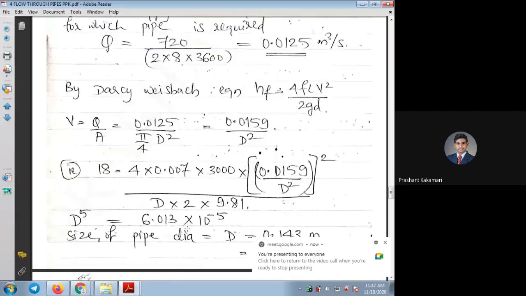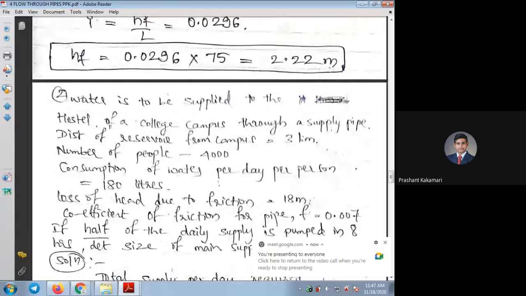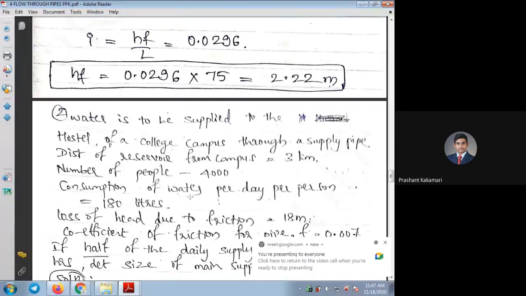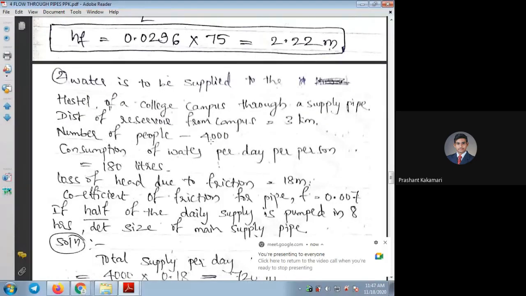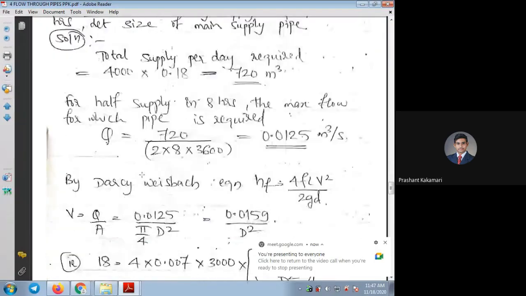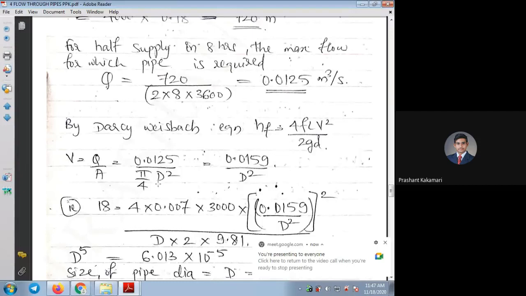See, finally you can see the problem, just for application what they told: number of people, consumption of water, everything they told, just to find finally the diameter. Discharge can be indirectly related to velocity and area. From area one can find the diameter. Like that they are interrelated.